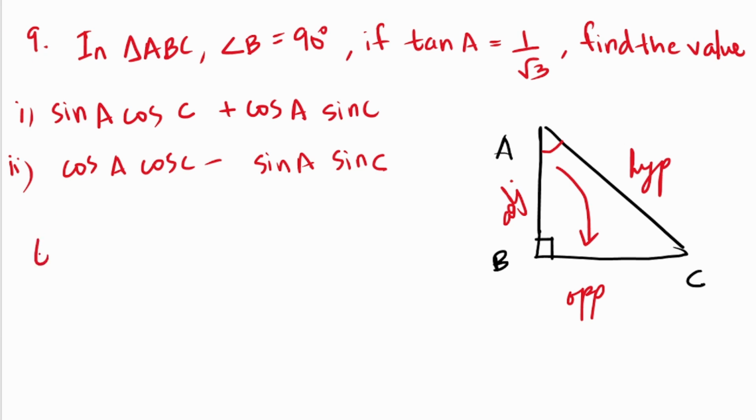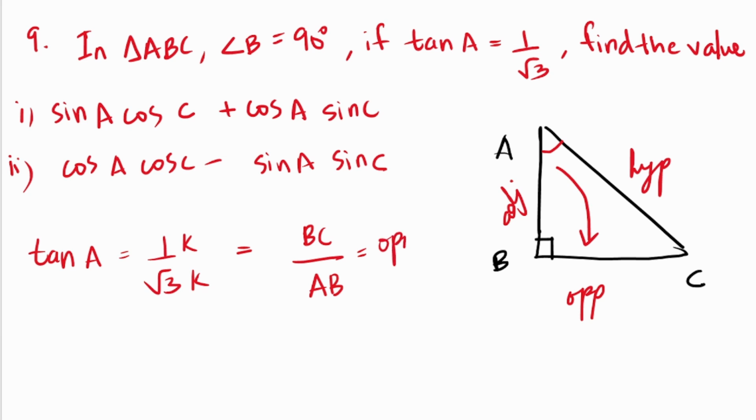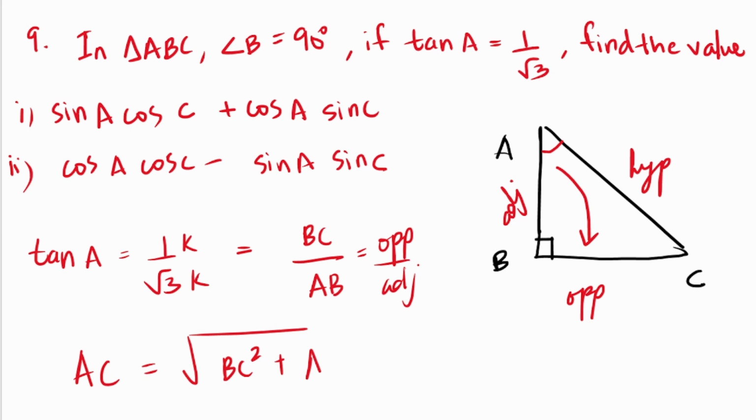They have given tan A equals 1 by root 3, which is nothing but BC by AB, opposite by adjacent side. So you need to find the hypotenuse AC, right? The hypotenuse is nothing but the square root of BC square plus AB square, opposite square plus adjacent side square.